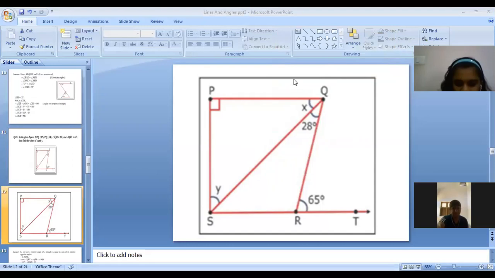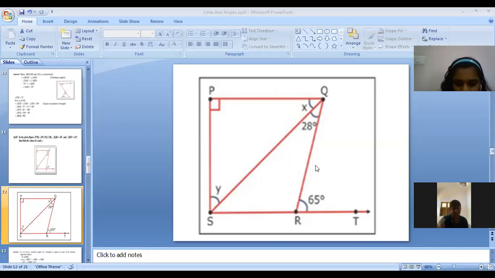Which alphabet is formed here? Letter Z. P, Q, R, T means it is Z. Therefore, 65 degrees and X plus 28 are alternate interior angles.